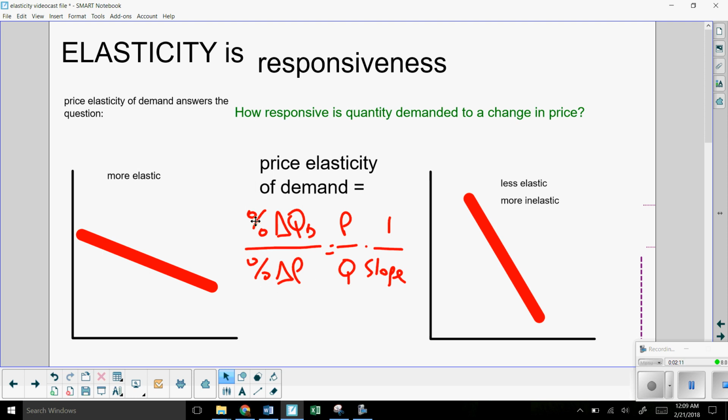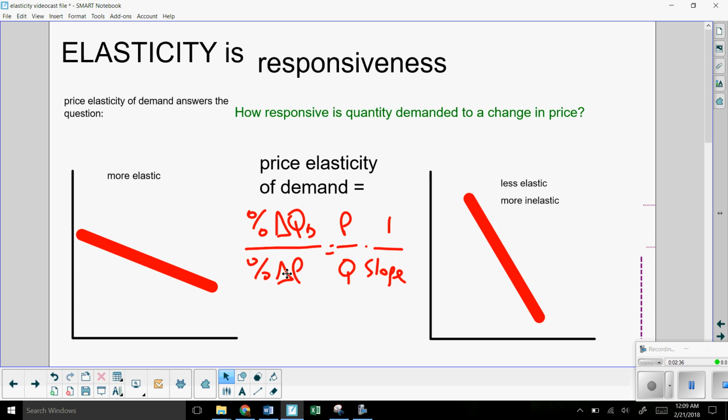That's the formula right there on that left side of the equal sign that you're going to see in all the textbooks and all the study guides and things. But I think a super helpful way of messing with that formula, and I've manipulated and mathed it out algebraically, and people who know more math than me have told me that I'm not breaking too many rules. So it's P divided by Q, price divided by quantity, times 1 over the slope. So let's think about that a little bit in a minute.